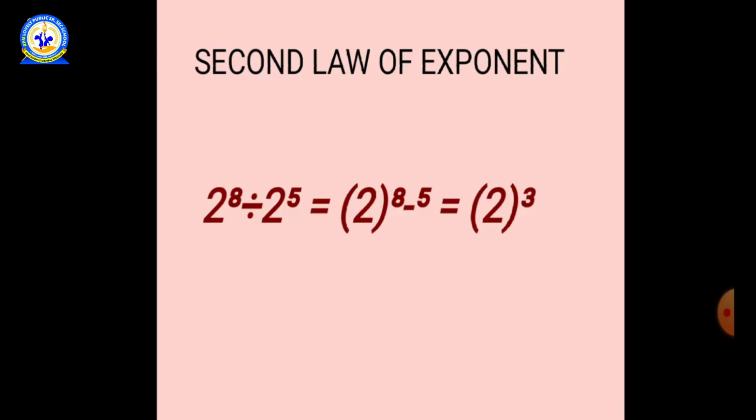We will subtract the powers. So I can write 2 raised to the power 8 minus 5, that is equals to 2 raised to the power 3. When the question says write in exponential form, we can write till here. When in question they say find the value of it, I can write 2 three times and then multiply it, then the answer will become 8.